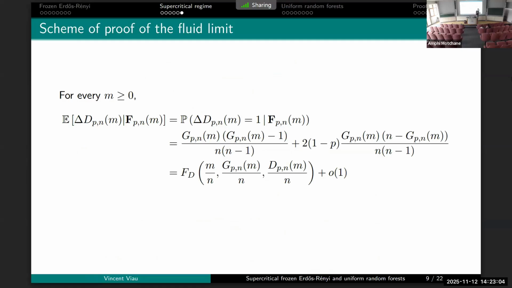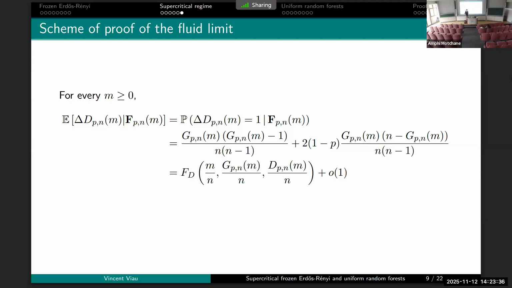Either you connect two frozen vertices, which happens exactly with probability g times (g minus 1) over n times (n minus 1), or you connect a frozen vertex with a non-frozen vertex, but you discard the edge with probability 1 minus. And this is exactly the function f_d which appears in the differential equation system.